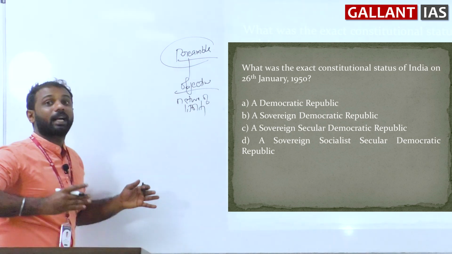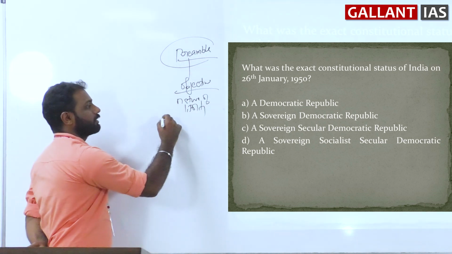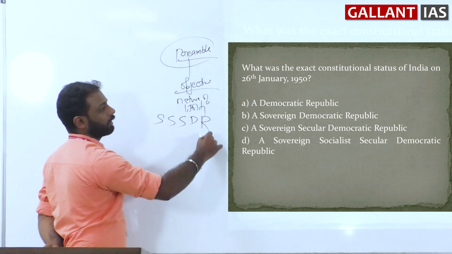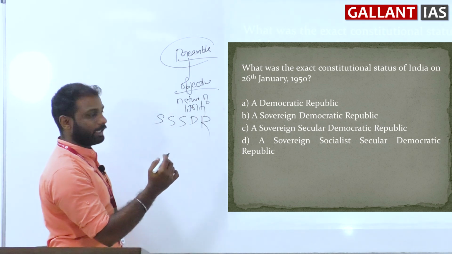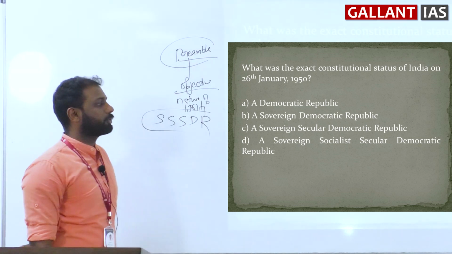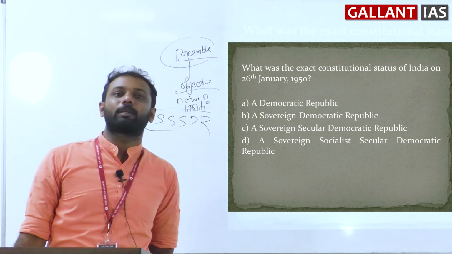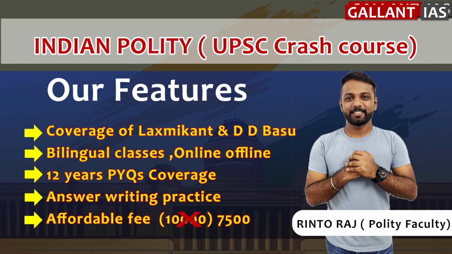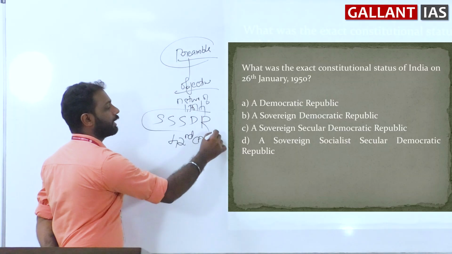In this preamble, currently it says that India is a sovereign, socialist, secular, democratic republic. Why? Because certain terms were added to the preamble through the 42nd Constitutional Amendment Act.